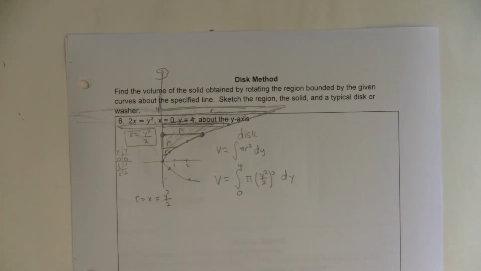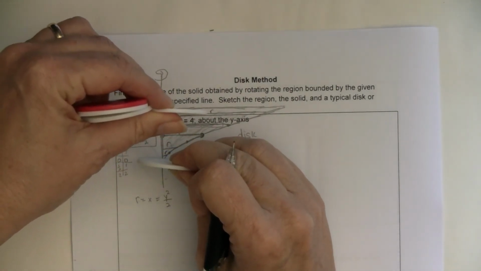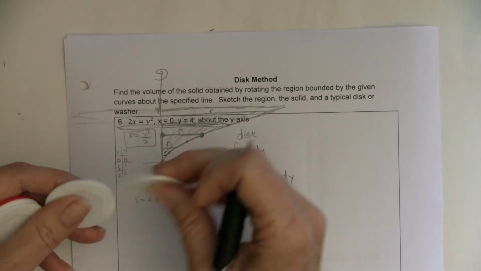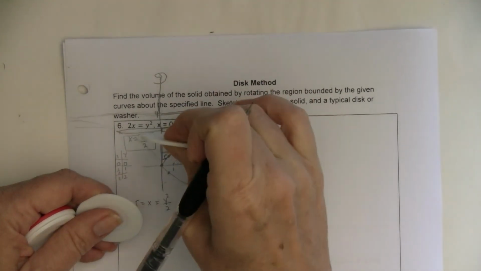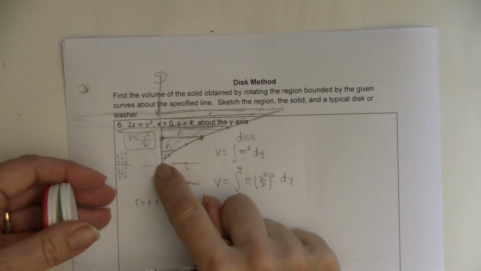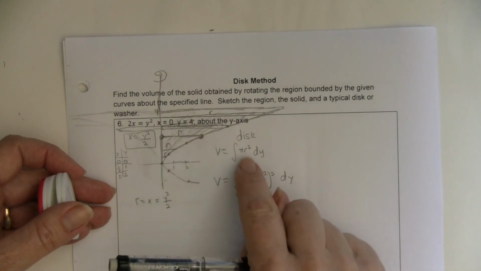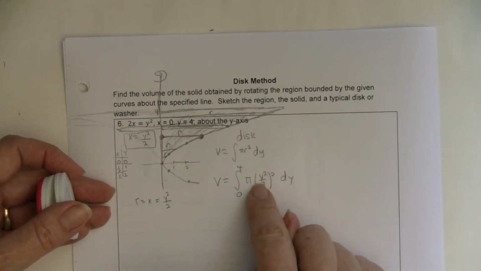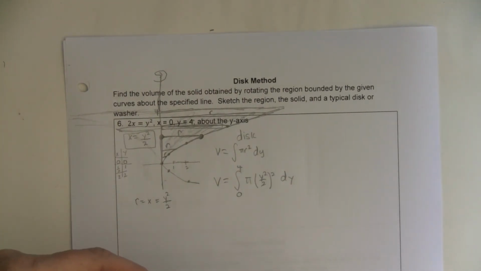I'm going to be adding up all of these different size, wafer thin discs, right? They're going to get bigger and bigger. And I'm going to add them all up. And when y is 0, I have a disc of size 0. And when y is 1, here's my formula, I have a disc of size 1/2 squared, 1/4 pi, right, is the size of my disc at that point.